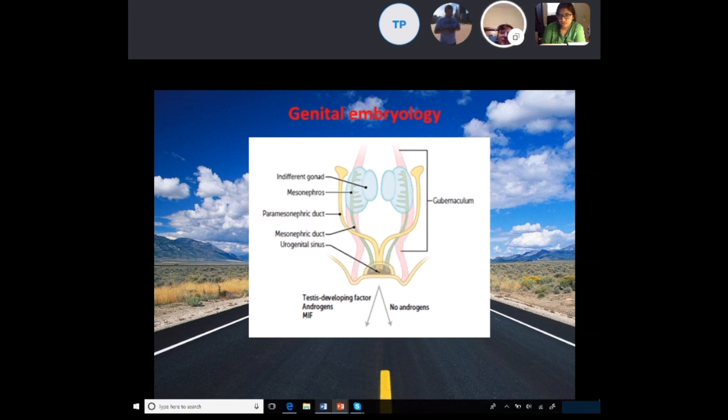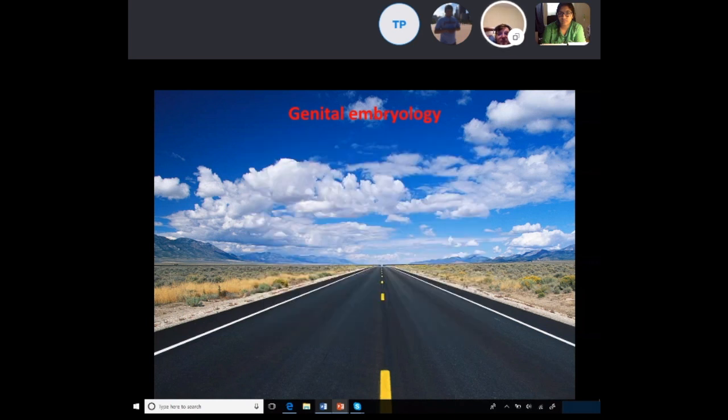So if we have no androgens, we're going to end up with a female person. So basically a female is the default. And if we have certain hormones that arise from the testes, then we will end up with a male human, and we're going to go over that more in depth.